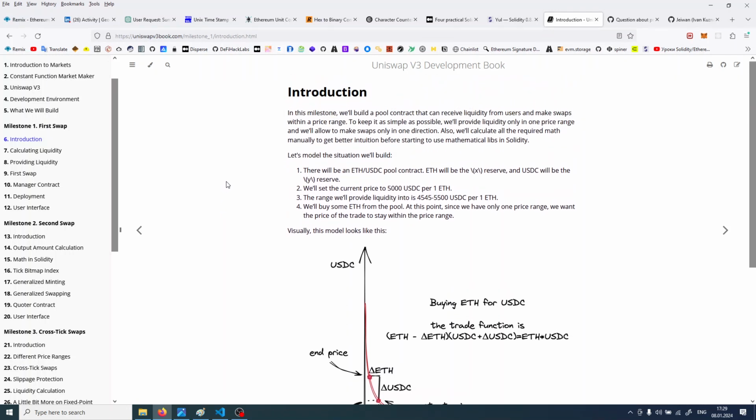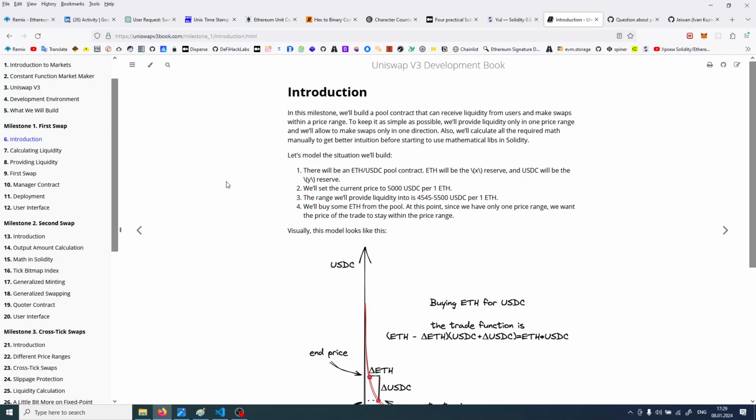Okay, from the beginning, what is the difference between Uniswap v2 and v3? The difference is concentrated liquidity.